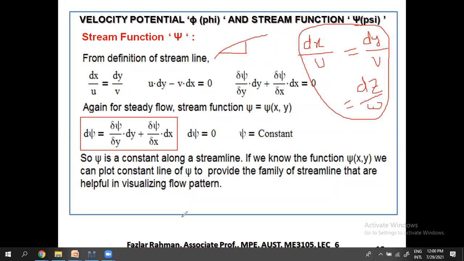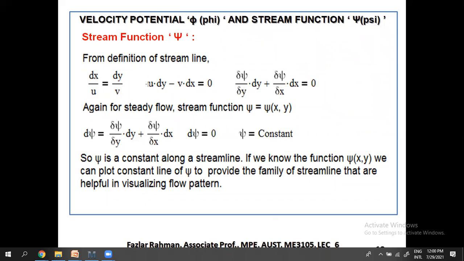As per the definition of the streamline, we know this one. So from here, what are you getting? Just multiplying, u into dy equals v into dx, right? Now we have this equation. Now what is u? u equals del psi by del y.